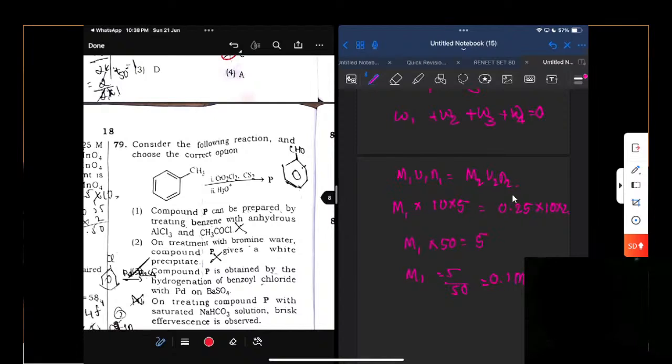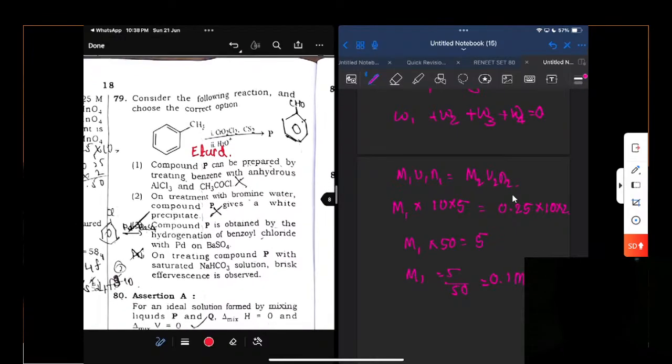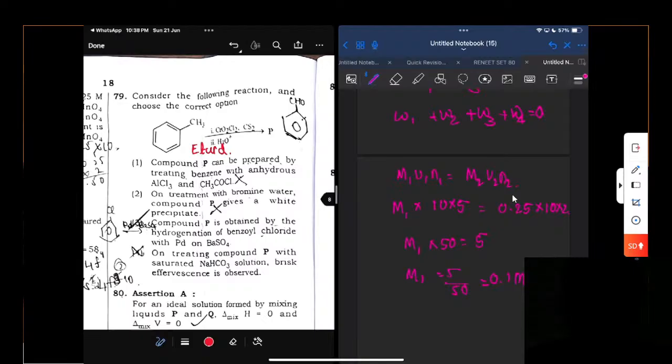Next question. Consider the following reaction. Which reaction is this? Etard's reaction. Compound P can be prepared by treating benzene with anhydrous AlCl3. No, P cannot be formed by AlCl3 with CH3COCl, that is Friedel-Crafts acylation, where acyl chloride formation takes place.